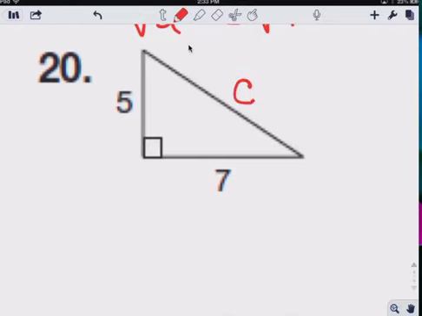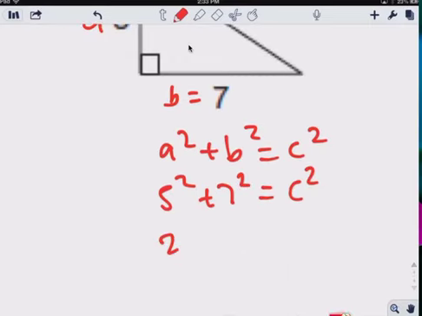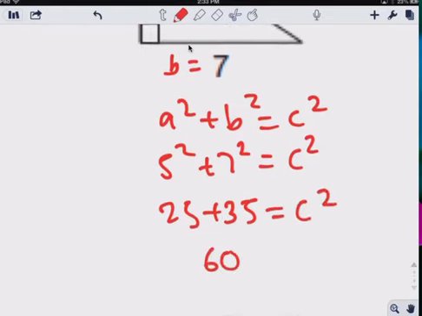Number 20. C is missing. So a squared plus b squared equals c squared. And this is a and this is b. That's 5 squared plus 7 squared equals c squared. That's 25 plus 35 equals c squared. That's 60 equals c squared. Square root of 60. It's between 7 and 8, closer to 8, probably 7 point something.